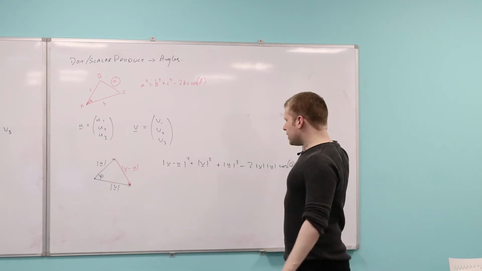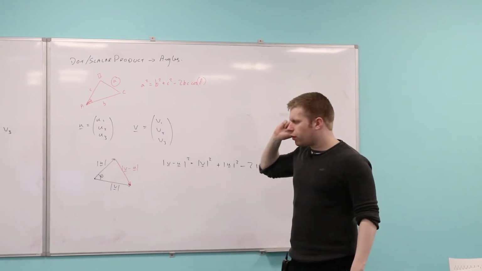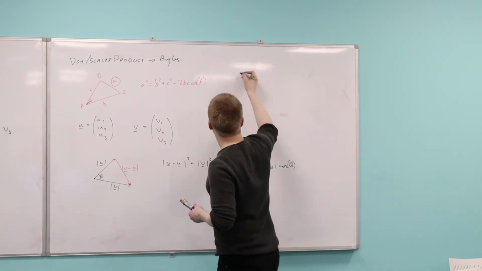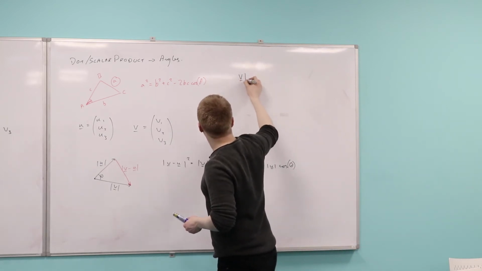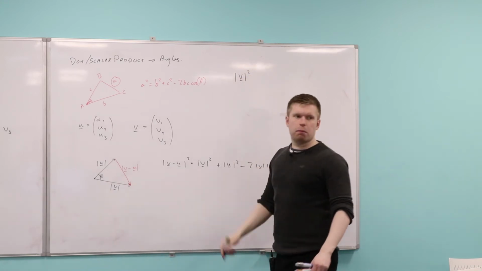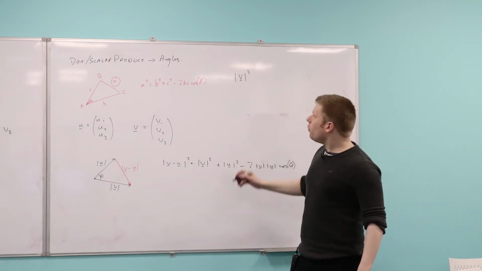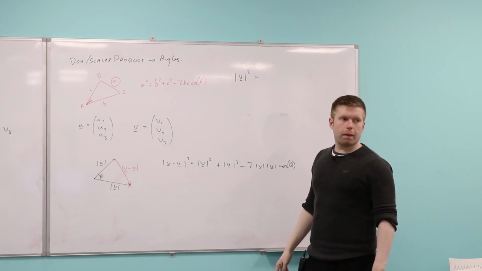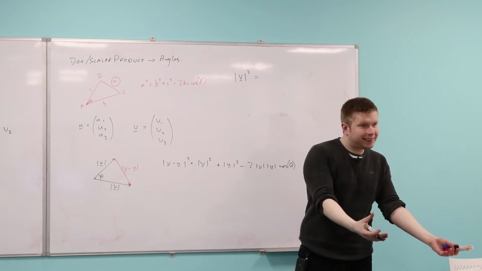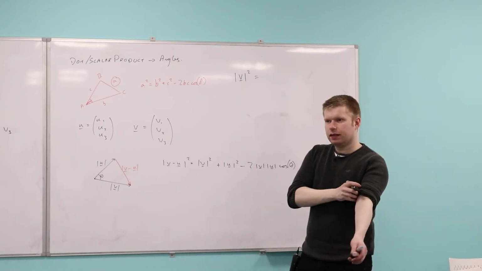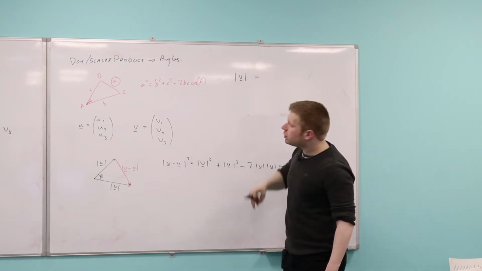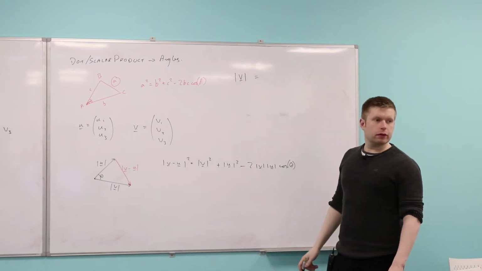Now, before we do anything further, what would this actually be equal to? If I just chose u or v, it doesn't matter which, and I think about the modulus of v squared, what would that be equal to? The hypotenuse.